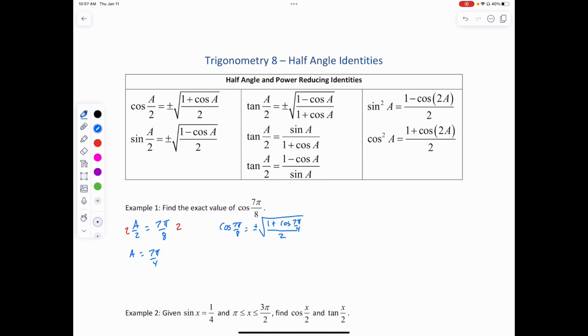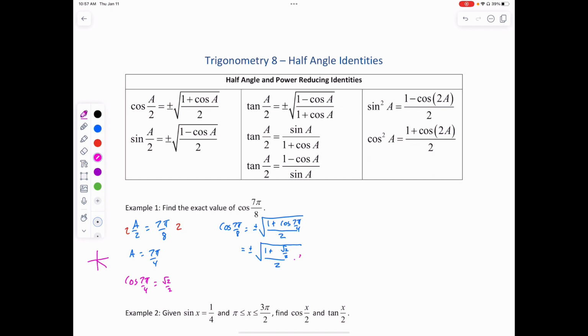We know that the cosine of 7 pi over 4, from the unit circle or your special right triangles, is in that fourth quadrant, and it's going to be positive radical 2 over 2, the x value in the unit circle. So this is equal to plus or minus the square root of 1 plus radical 2 over 2, divided by 2. We can simplify that.